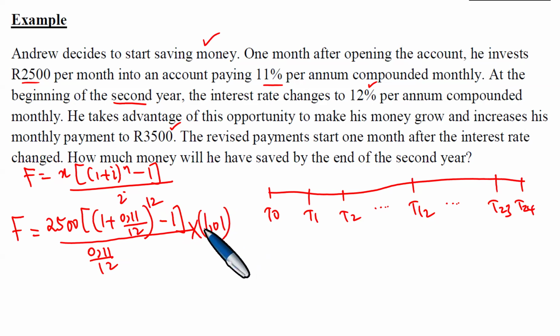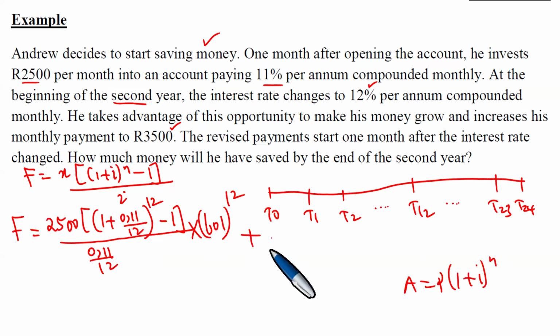Now there's something very important. At the beginning of the second year, the interest rate changes to 12%. But for the next year, it's going to become a compound interest, so this amount becomes P in the formula, P times 1 plus i to the nth power. But now there's 3,500.